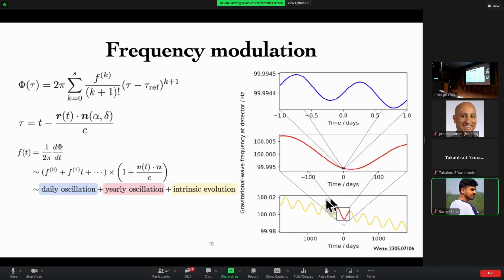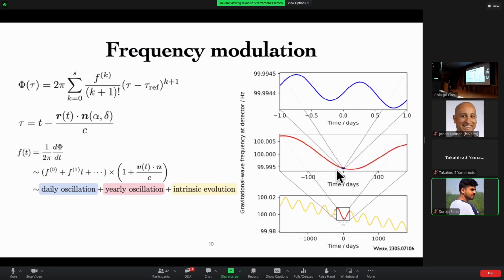The right panel shows frequency evolution in time. From the top, we plot frequency evolution over order 1 day, and you see the oscillation in time, which corresponds to the Earth's daily rotation.